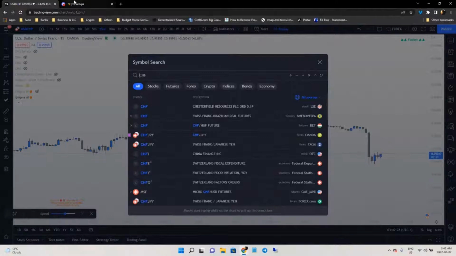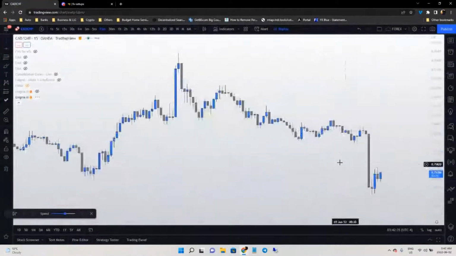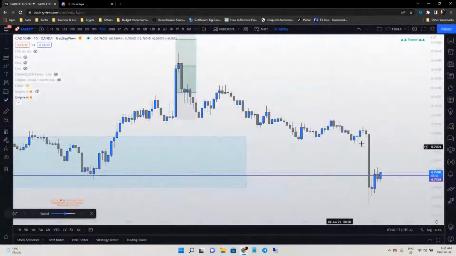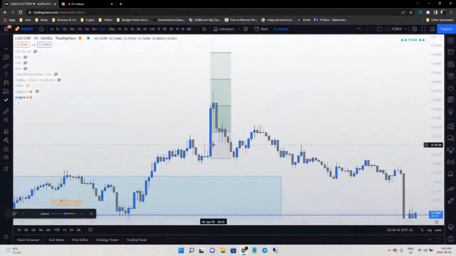Was it CAD CHF? Yes, CAD CHF buy. Because if I remember, there was some news here at that point. Yeah, there was some news.